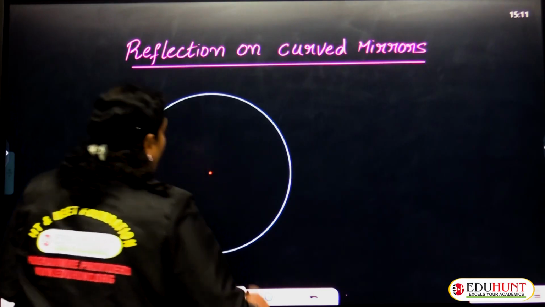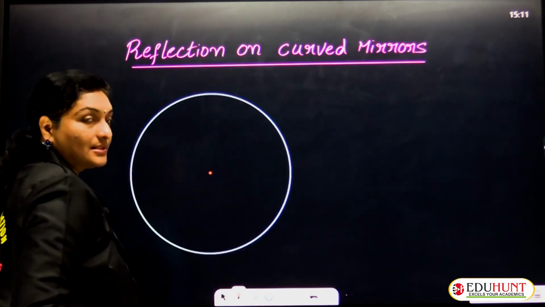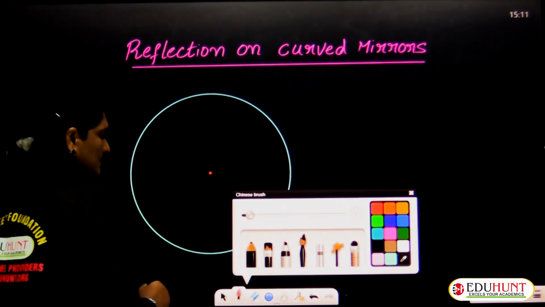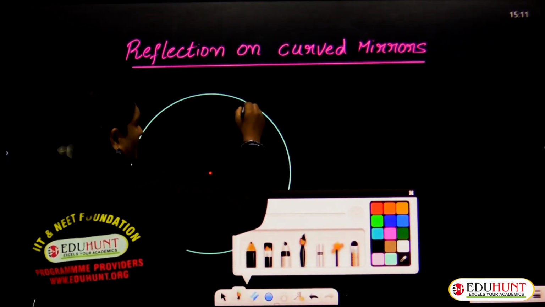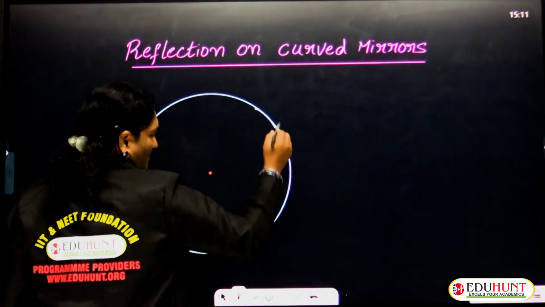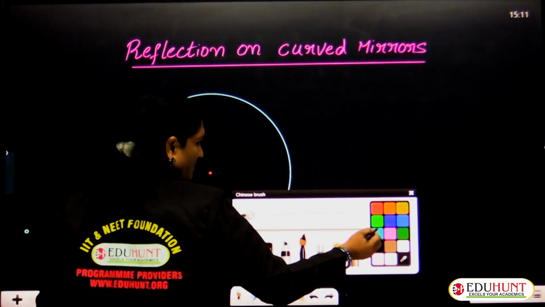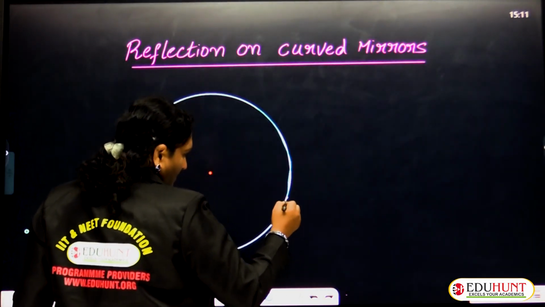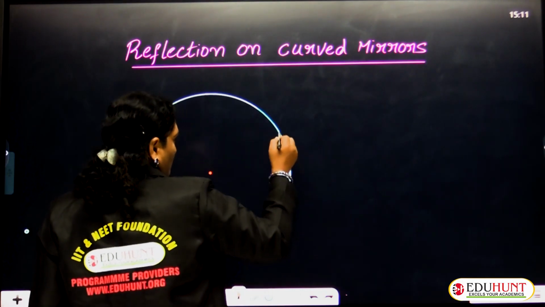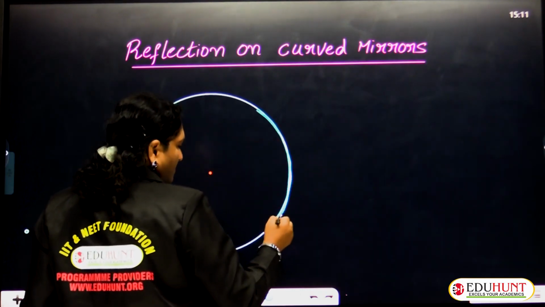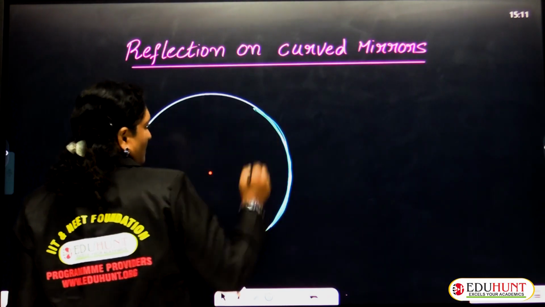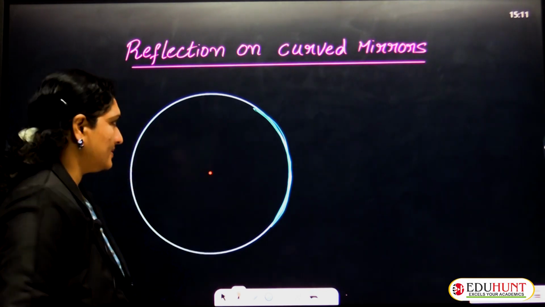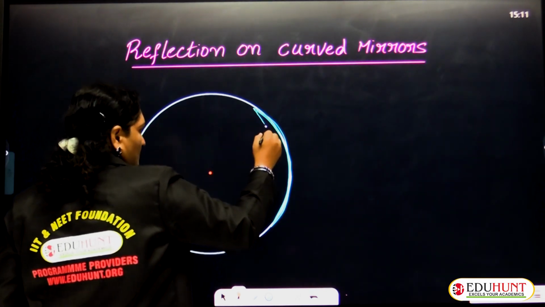So, let us consider a spherical glass ball made of glass, out of which let us cut a small portion. This portion is being considered. It is a mirror, so it will be the extended part.